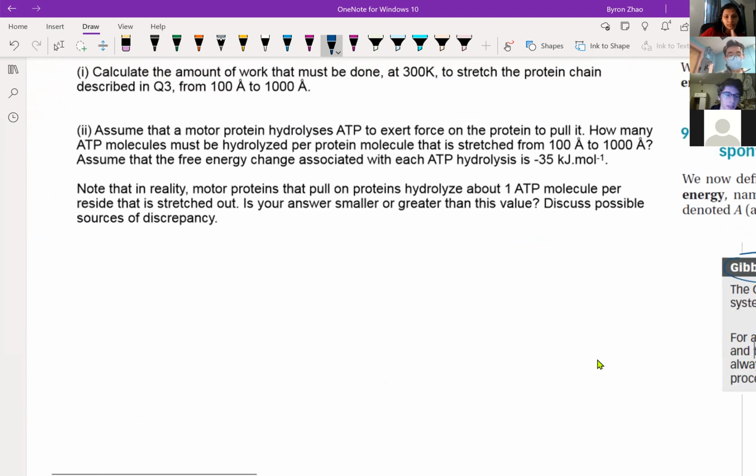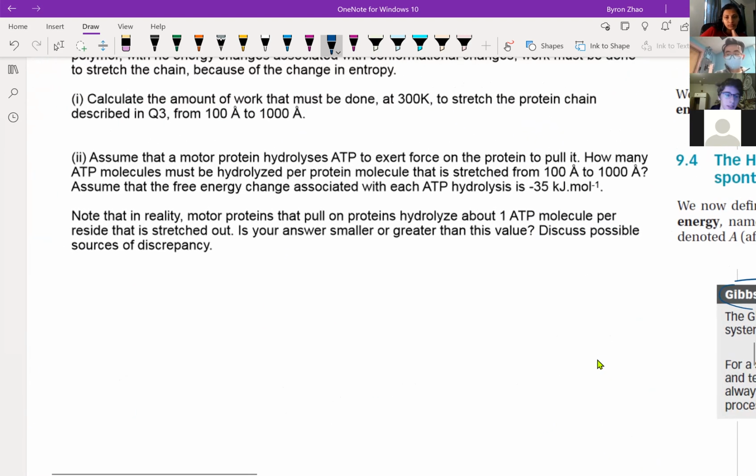So after all the derivation for part 1, what we're going to use is delta A equals delta U minus T delta S. And delta U here is 0, right? There's no change in the energy of the polymer.